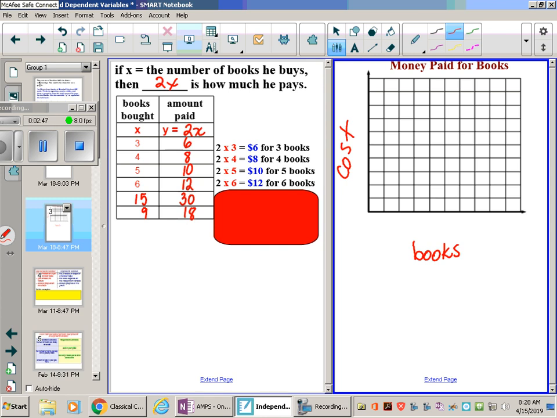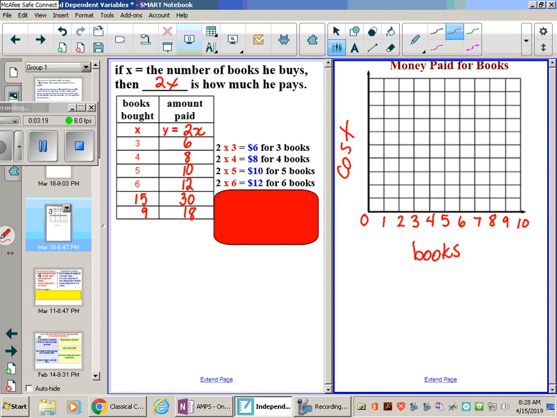When we look at the number of books, we don't necessarily have to do the ordered pair 15, 30 and the ordered pair 9, 18, but looking at the ones we do have, it looks like for the number of books, we could easily count by ones: 0, 1, 2, 3, 4, 5, 6, 7, 8, 9, all the way up to 10 books. And then for our cost, we need to go at least all the way up to 12, it looks like. We could count by ones or by twos.